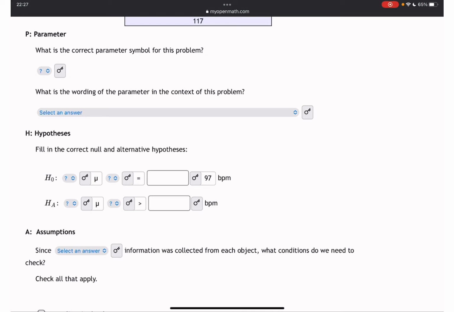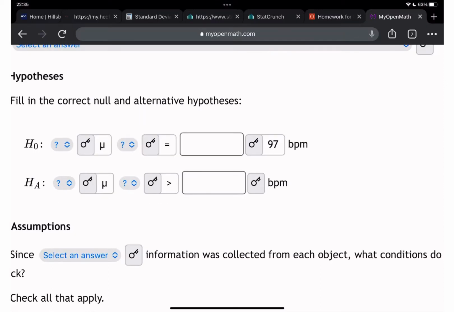So anyway, if the p-value is less than the given testing percentage, then we reject the null hypothesis. But if the p-value is greater than the given testing percentage, then we fail to reject the null hypothesis. Okay?